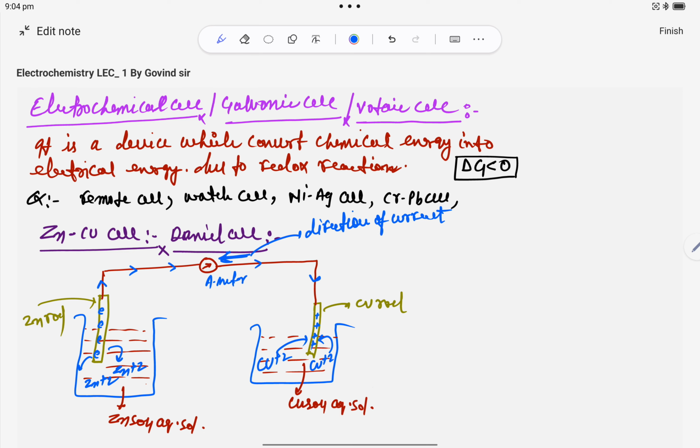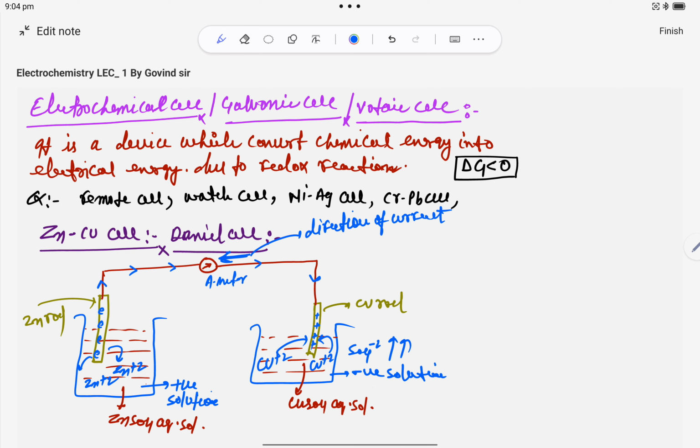So in this solution, Zn+2 is positive charge, this solution is a positive charge solution, and here the SO4-2 ion concentration increases. So this solution is a negative solution.